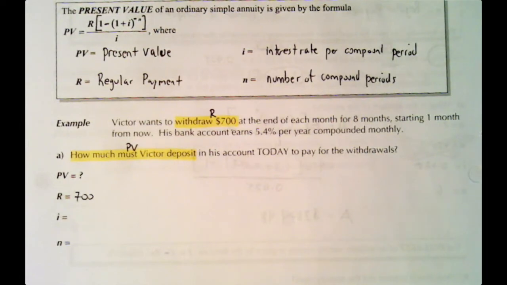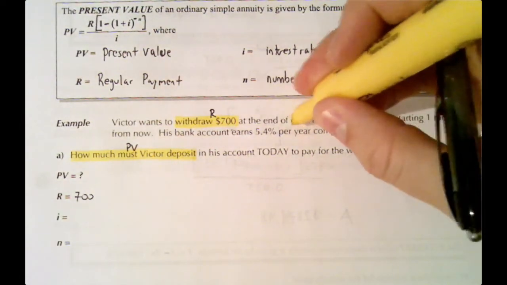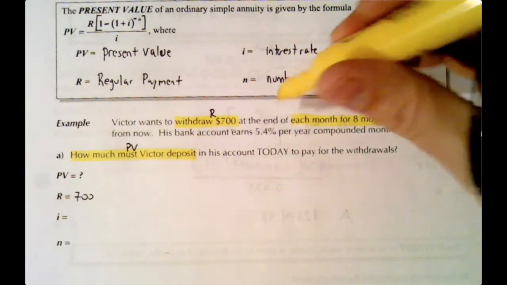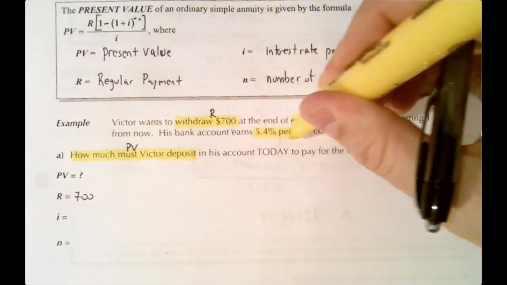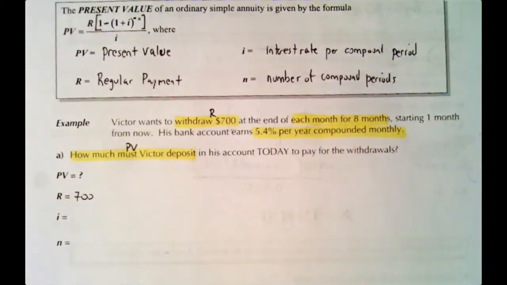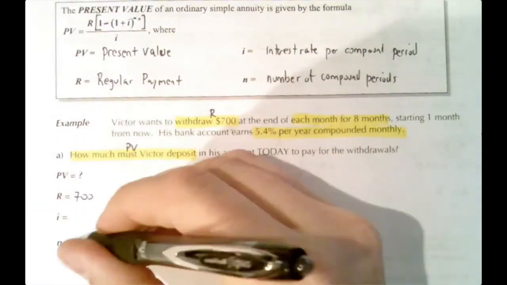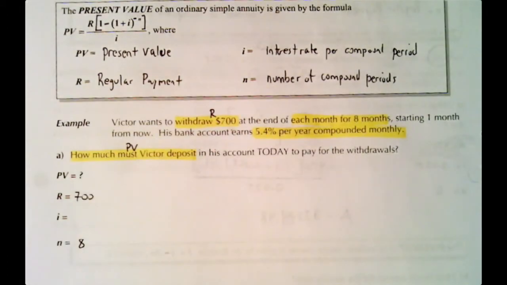We've also got at the end of each month for 8 months, and we've got 5.4% compounded monthly. These are the important pieces. So we're making 8 deposits. So that means the number of compound periods is 8. That's how many times we're making a deposit.